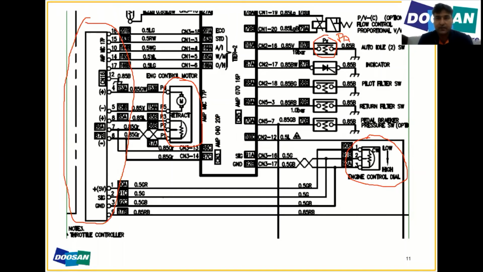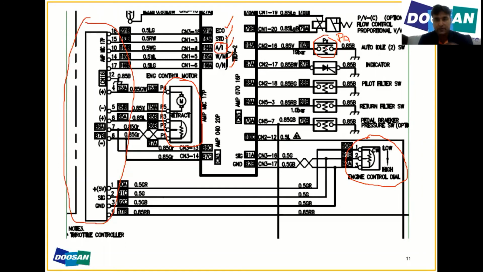When this switch is open and the EPOS doesn't get the ground signal, here you can see the different working modes: economy mode, standard mode, auto idle, working mode, and overheating mode. Here we will discuss the auto idle mode only.